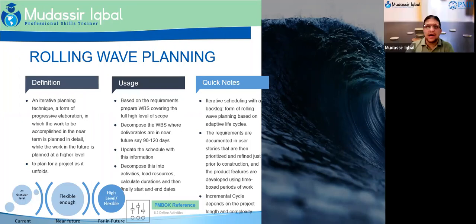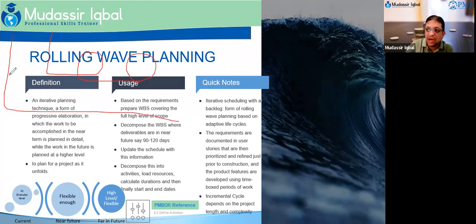Okay. So coming back to the rolling wave plan, and we were talking about iterative scheduling. Iterative scheduling with backlog is making sure that you are doing the planning when it is required. If you are on the second sprint and you have a backlog item or a user story that we need to deliver, like the login of a banking screen, we will plan just at this point.